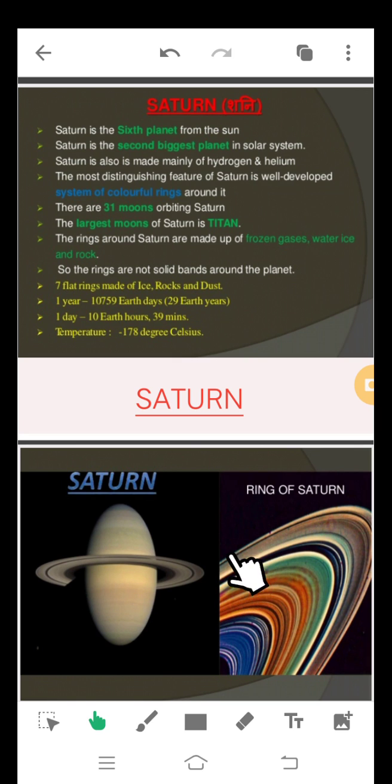You can see these rings around it. There are 31 moons orbiting Saturn. The largest moon of Saturn is Titan. The rings around Saturn are made up of frozen gases, water, ice, and rocks. So the rings are not solid bands around the planet.